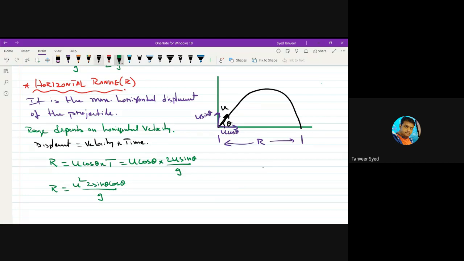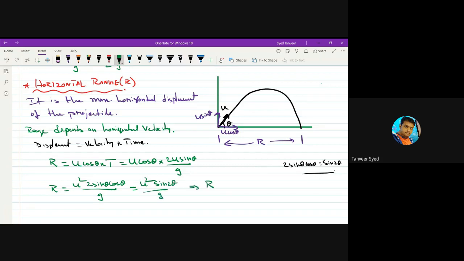And from your mathematics trigonometry, you might have got this relation: 2 sin theta cos theta is sine 2 theta. So you get u square sine 2 theta by g.